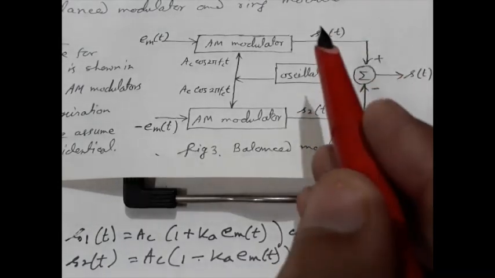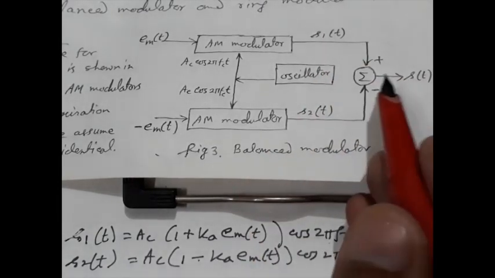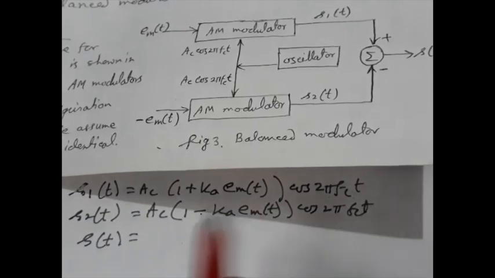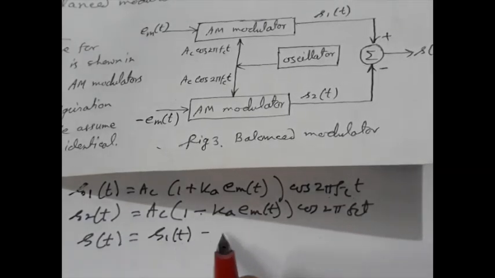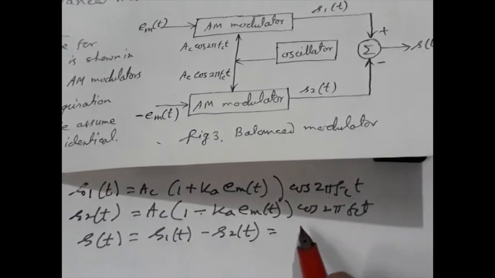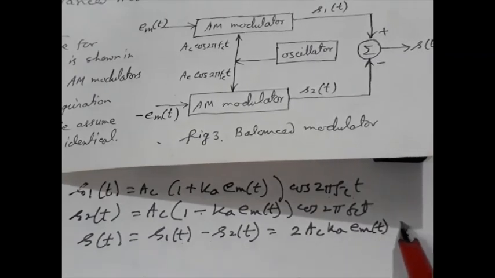So we have S1, we have S2, then we have a subtractor. So the output voltage S(t) can be written as S(t) equal to S1(t) minus S2(t), that is equal to twice Ac Ka e(t) into cos 2 pi fct.